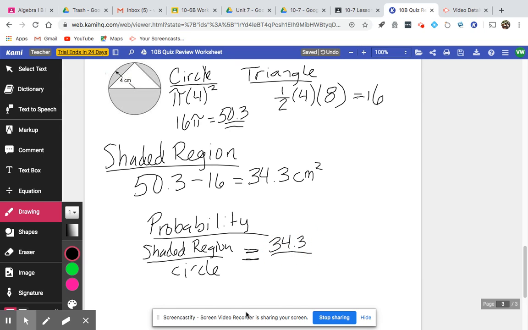Divide that by the area of the circle, which is 50.3. When you divide those out and then multiply by 100, you'll get a probability as a percent, 68.2%. That's the probability that a randomly chosen point will lie within the shaded region. So that is numbers 8 through 13.